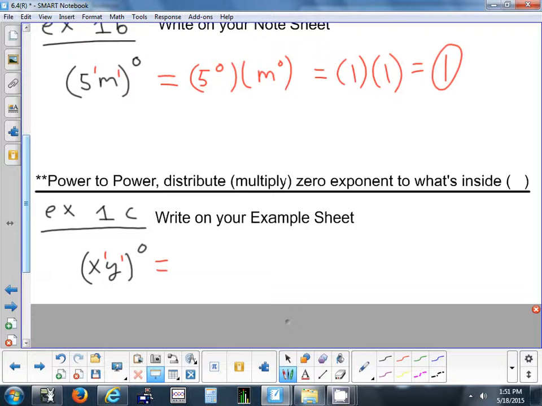Okay, Spencer, can you tell me how to use that rule we have right above it on this problem? What do I do here? So what do we do? Same thing we did up here. It's exactly the same thing. Yep, how do I write it out? X in parentheses with a 0, and then a y with a 0 equals 1.